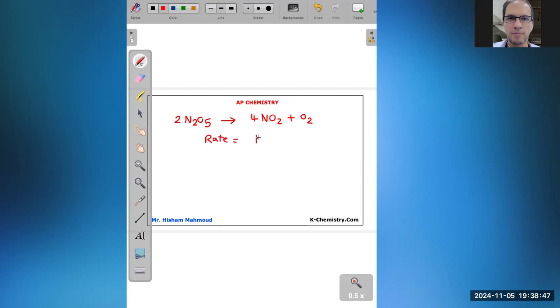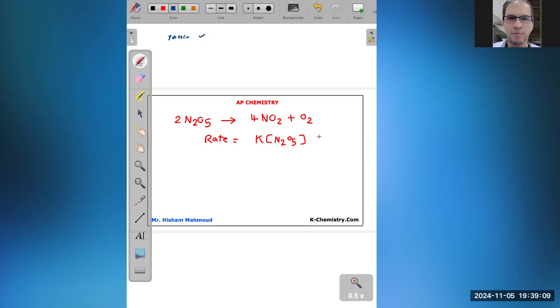So it is K[N2O5]. So Yasin, if it is like that, what is the order of the reaction? Is it zero order or first order or second order? First order. Yeah, it's first order because it is to the power of 1.